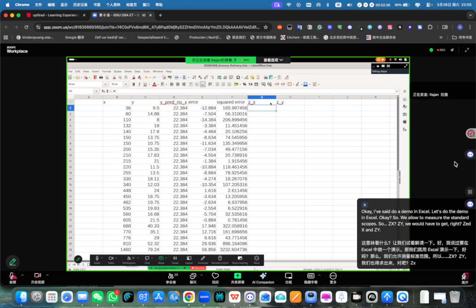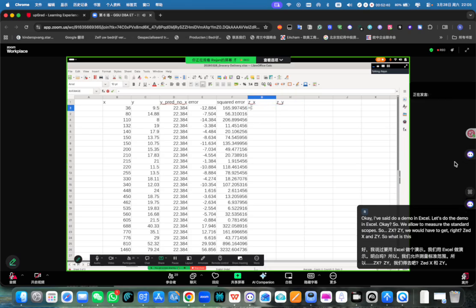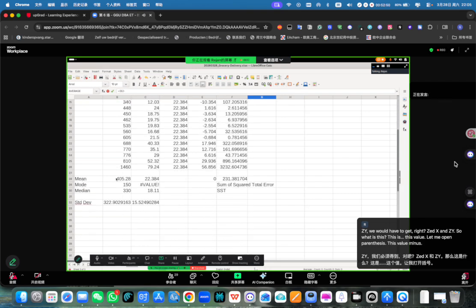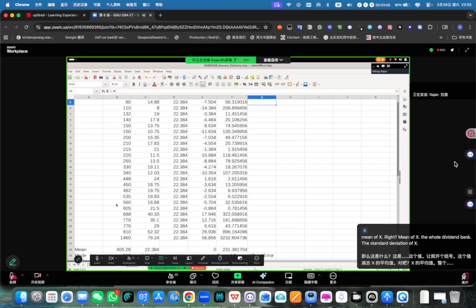So what is this? This value, let me open parentheses, this value minus mean of x, the whole divided by the standard deviation of x, right?